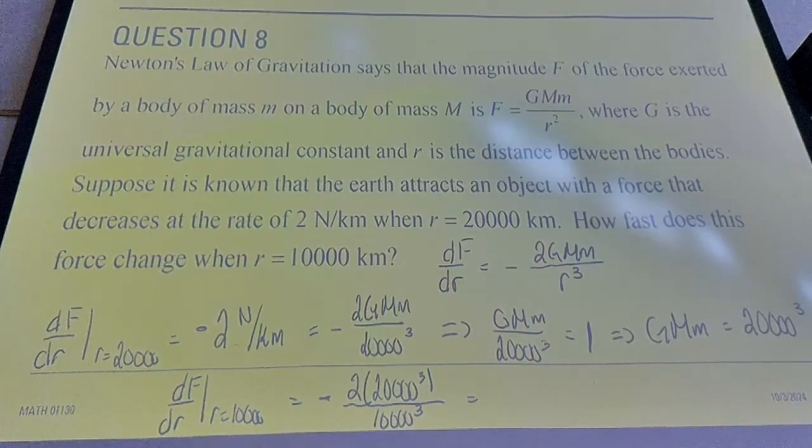How'd you get it? Threw that in the calculator. That makes me sad. You don't need a calculator for it. 20,000 over 10,000 is what? 2 cubed is 8. So 20,000 cubed over 10,000 cubed is 8. Without a calculator. And then times -2. -16, what are the units?